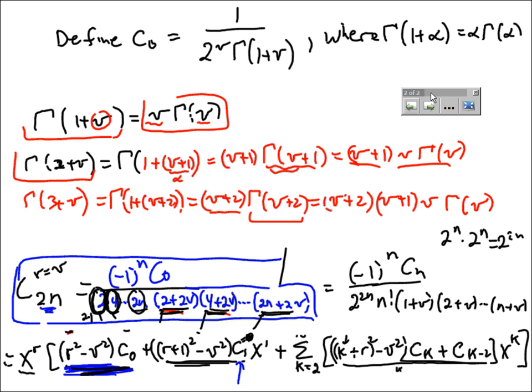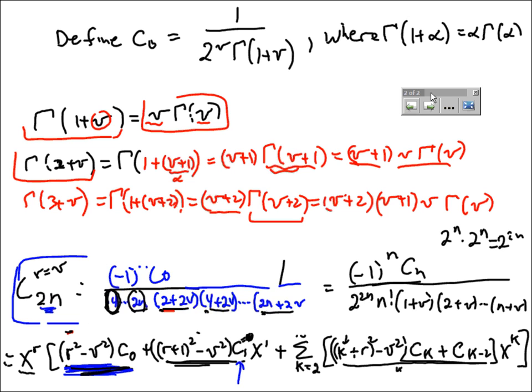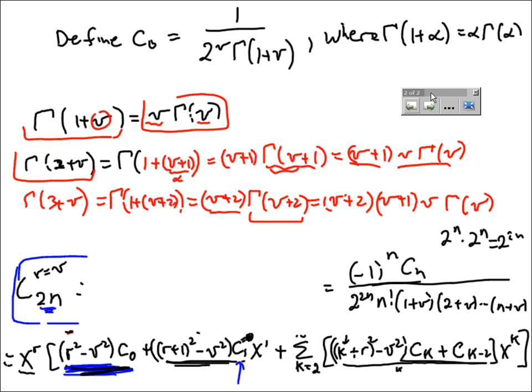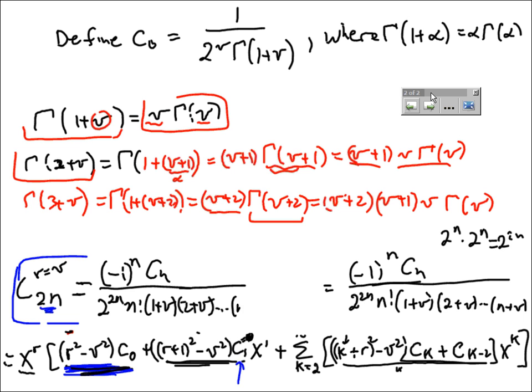Now, it turns out that that's more like what I have above in red. So we went a little bit further, and we got a better way of writing c sub 2n. It's negative 1 to the n, c sub n, 2 to the 2n, n factorial, and then we start having 1 plus v, 2 plus v, all the way up to n plus v.